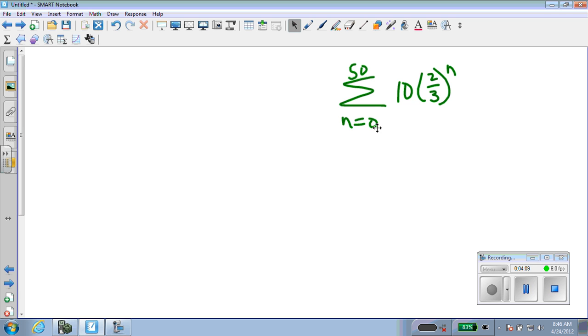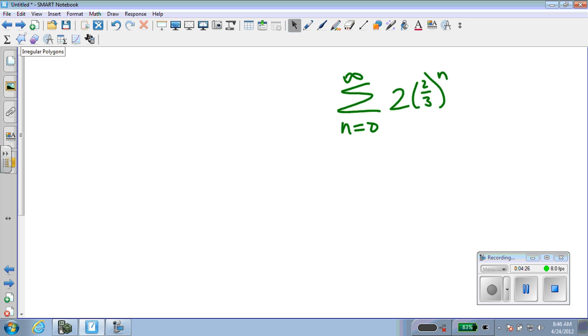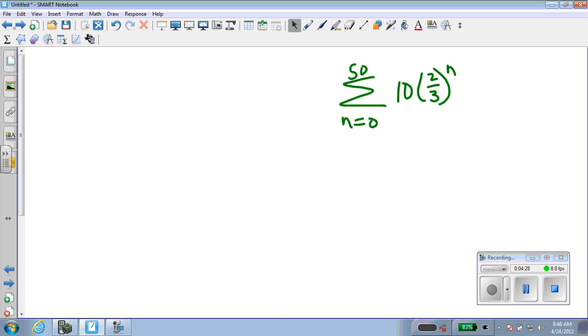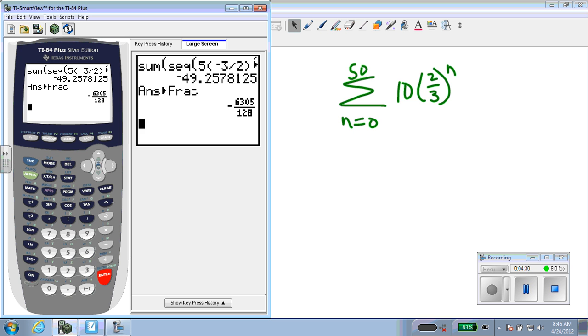Notice that the index has changed. It says start from the 0 term. The benefit of starting from the 0 term is that we can use just n rather than n minus 1 as a power. Again, I'm just going to let my calculator do the work anyway. Clear that out.